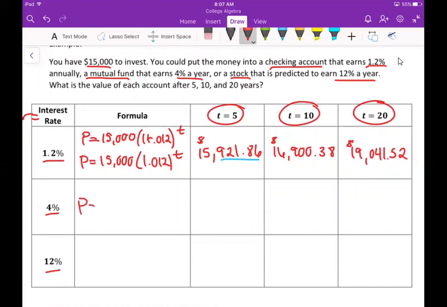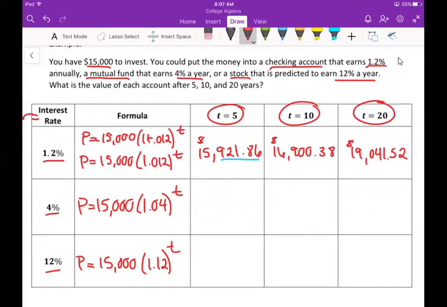So here you should have that same $15,000 that's invested times 1.04, adding 1 plus that interest rate of 4% in decimal form to the t. And for this one you should have 15,000, same amount invested, this time 1 plus 0.12 or 1.12, which would be to the t value again.